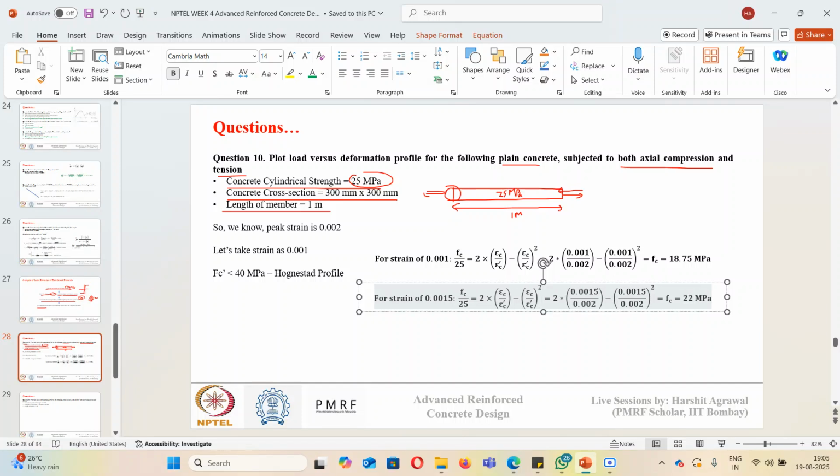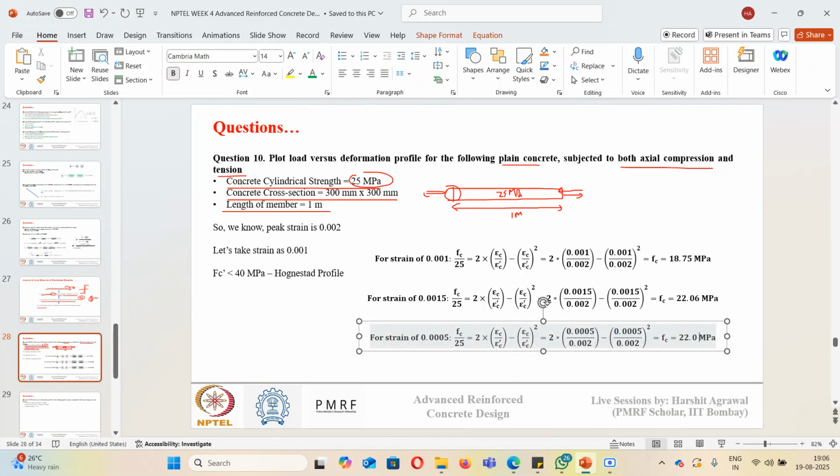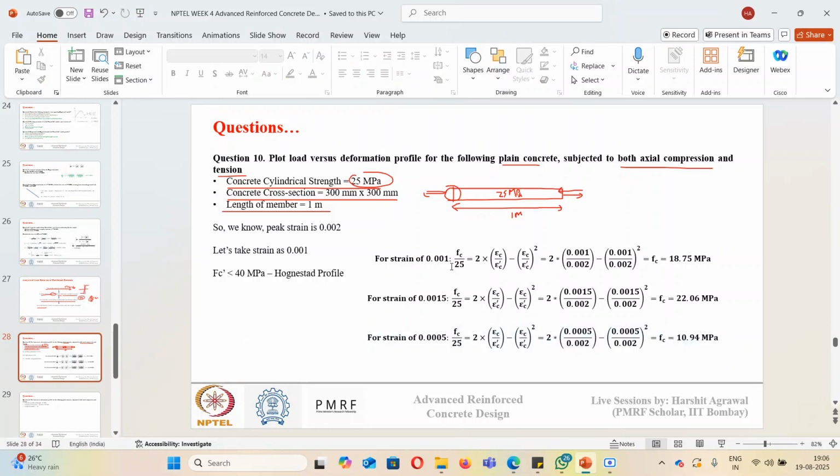Let's do one more at a lower strain, 0.0005. I just change the strain value, and upon calculation fc comes out to be 10.94.